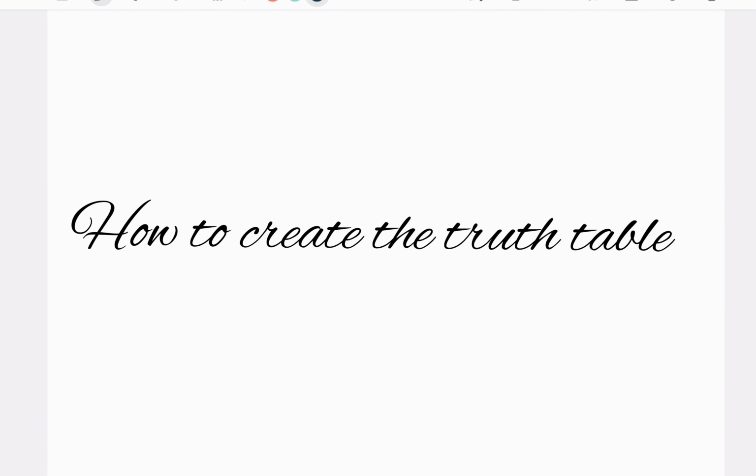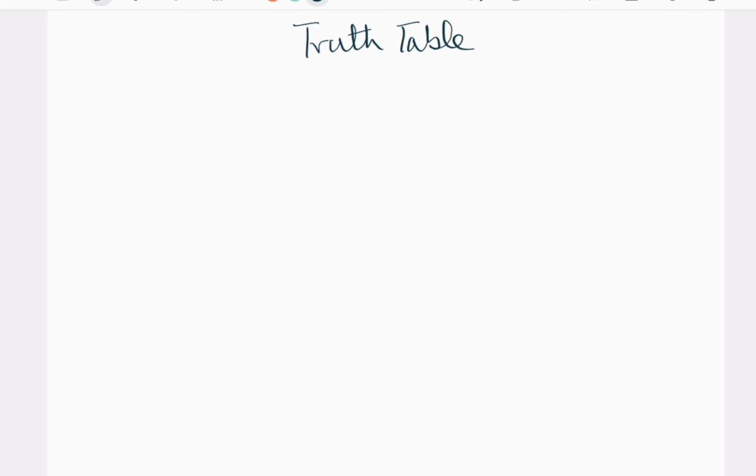Okay, now we are going to understand how to deal with the truth tables. Because once you understand the truth table, you'll be able to have the inputs and trace the outputs for the logic gate, or a combination of logic gates, that's called a logic circuit. The word is table here. To create the table, we need to start with rows and columns. So let's decide on the rows and columns.